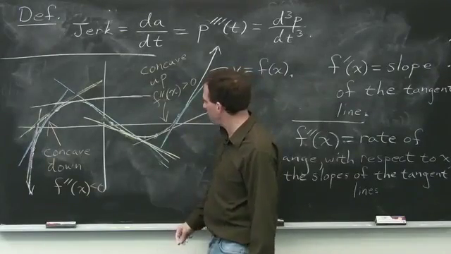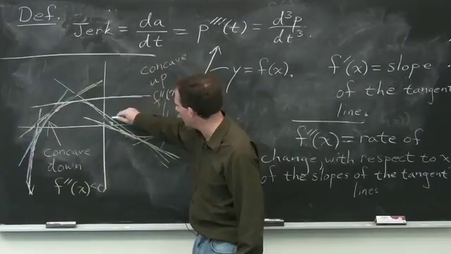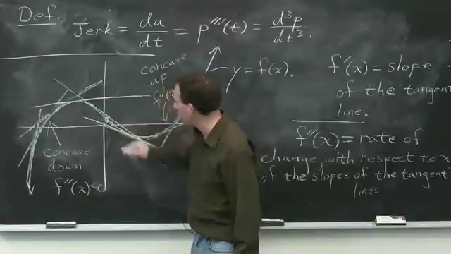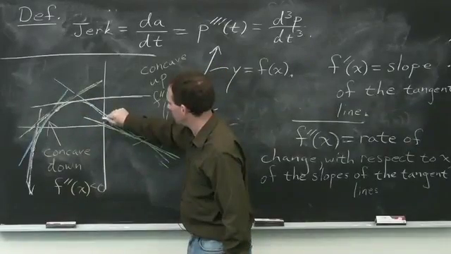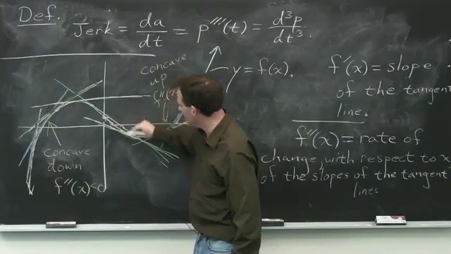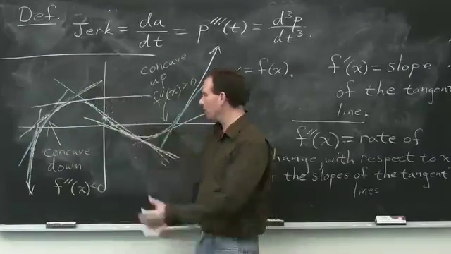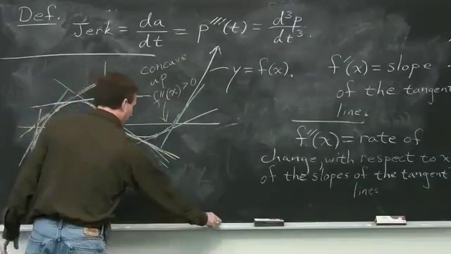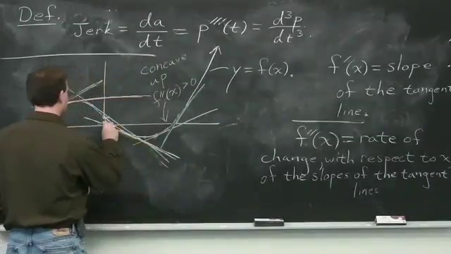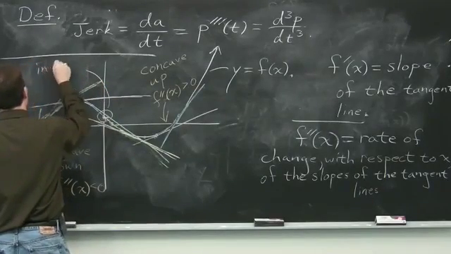And then there is the point where the graph switched from being concave down to concave up. It looks like it's about there, where it stops curving downward, or maybe it's right on the y-axis. In any case, there's this point where the graph switches from curving downward to curving upward. That, where the concavity changes, I'll just go ahead and say the word, is called an inflection point.